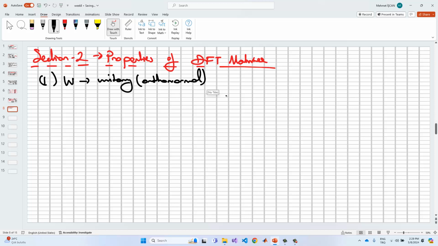What is the meaning of this? The inverse of this matrix is equal to the transpose of that. Okay?